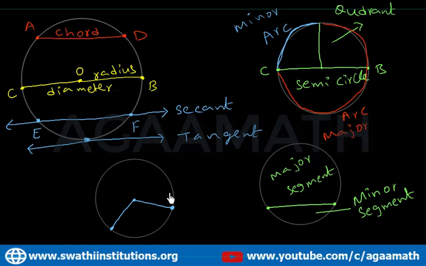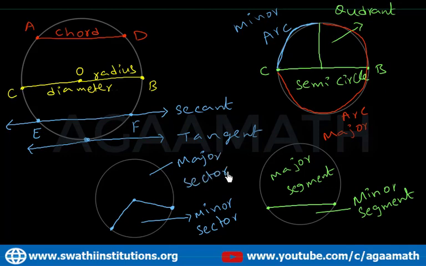Now the circle is also divided into two regions. When the circle is divided into two parts using the radii, each part is called a sector. The part with a smaller area is the minor sector, and the bigger area is called the major sector, right? So these are the parts of the circle.